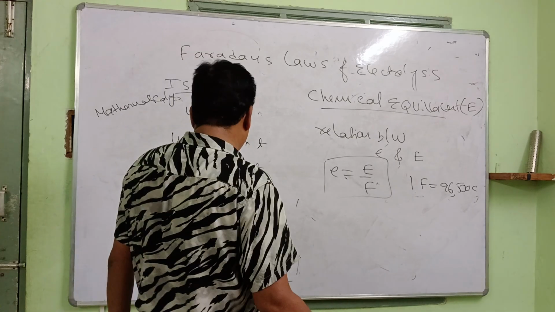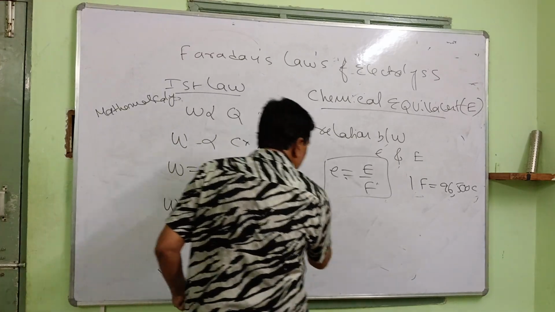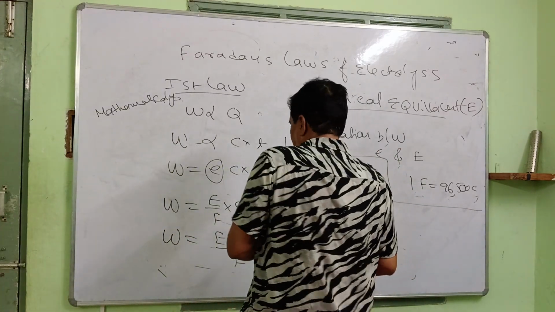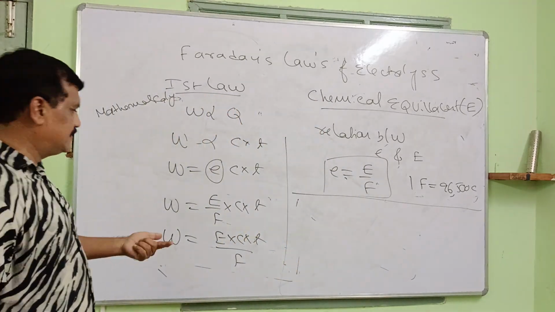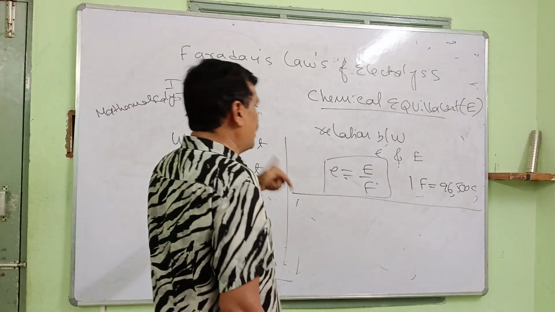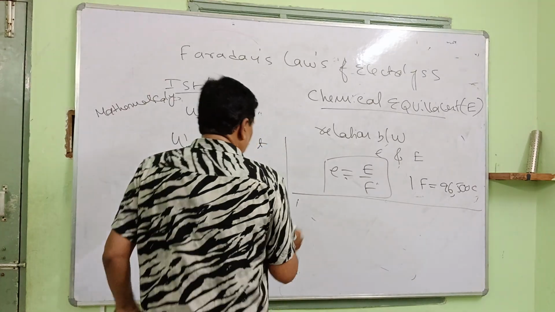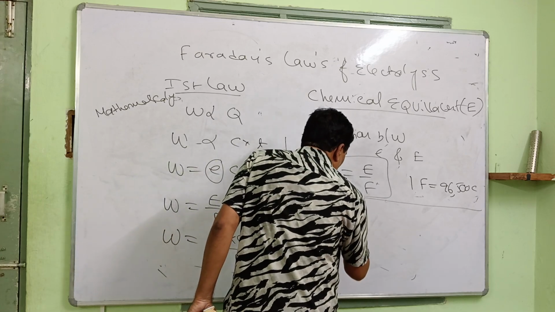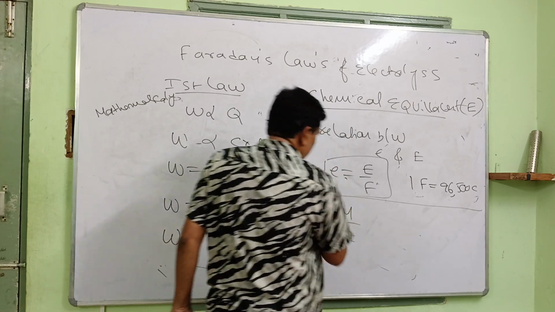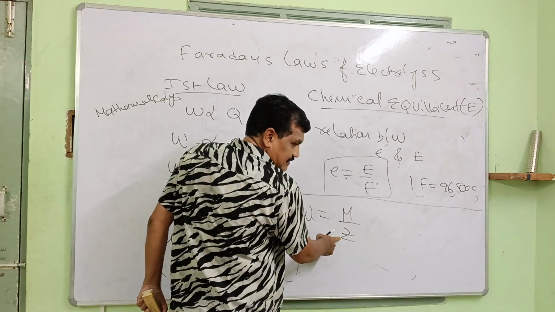That is the derivation, but one more step is there. E means chemical equivalent, that means equivalent weight. Equivalent weight means molecular weight by its valency. So I can write E as M by Z, where M means molecular weight and Z is valency.